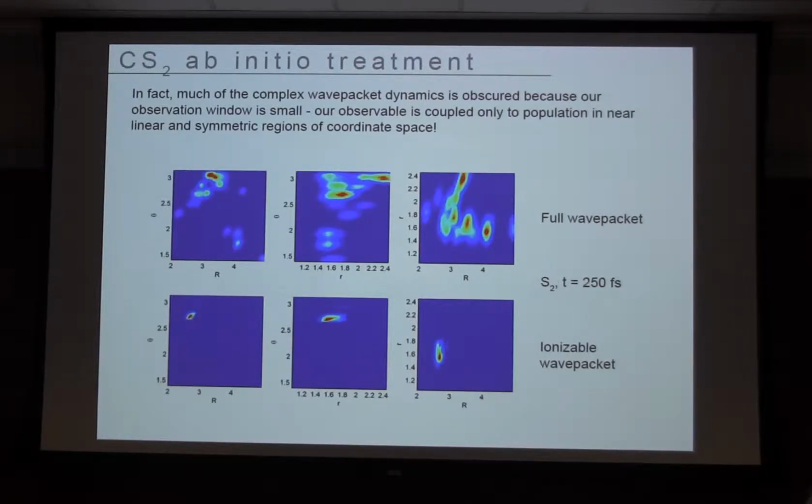If we move to 250 femtoseconds, you can see immediately that the wave packet is spread over a huge region of coordinate space in the calculations, but the part that we can ionize is very reduced, very small. And if you go to 500, it gets even smaller. This is a good sign that things are actually going to work out, because you can see immediately that much of the complexity that is really there, under the hood, just goes away in this observable.